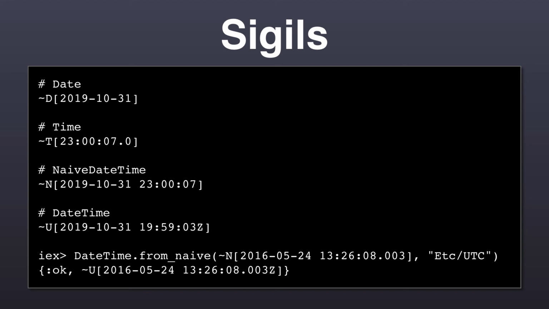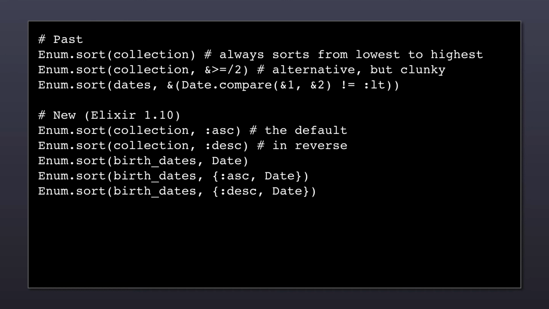So here's a quick example of something that changed recently in Elixir 1.10. Historically, if you had a collection of dates or DateTimes and you asked Enum to sort them, you'd have a problem because it would not use the conceptual value that we're representing in the struct.